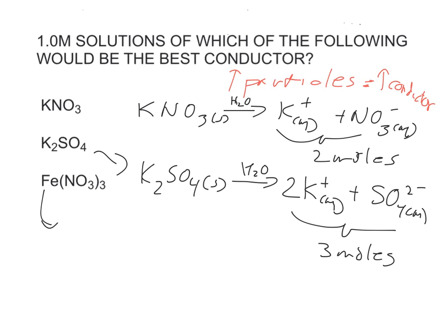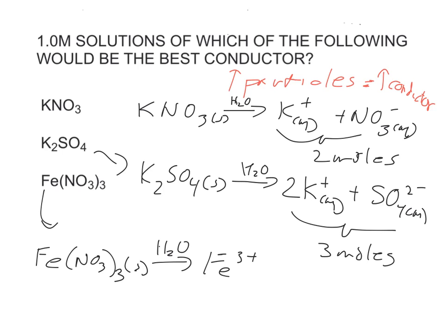But wait, what about our iron 3 nitrate? For every 1 mole of iron 3 nitrate I place in water, I wind up with 1 iron 3 ion and 3 nitrate ions, or 4 moles of particles. So even though I may have only 1 mole of the starting product, there's a multiplying effect when you place it in water.